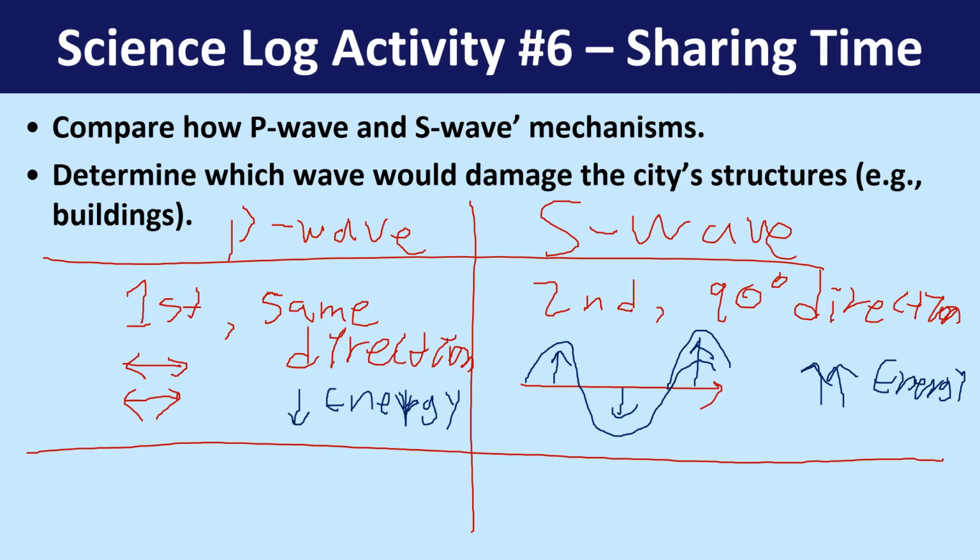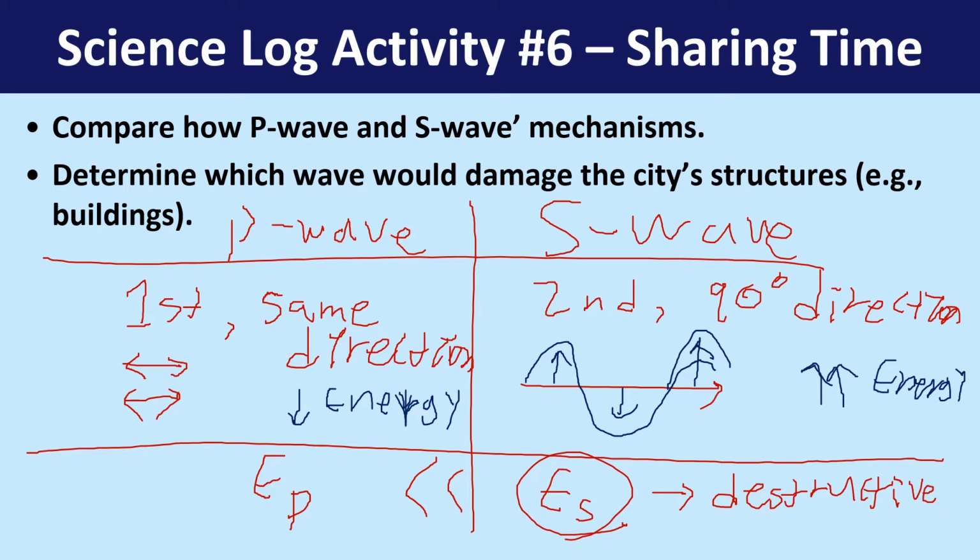Those are the properties. Determine which wave would damage the city's structures and buildings. When it comes to destructive energy, the energy amount of the P wave versus the secondary wave: the secondary wave is way more, so more destructive forces will be the outcome for the secondary wave.